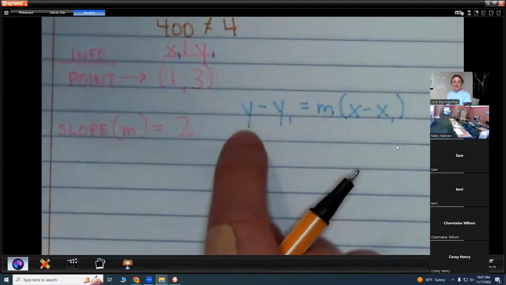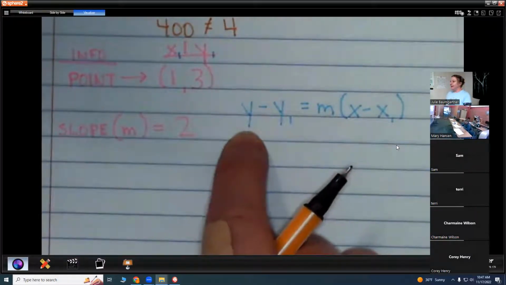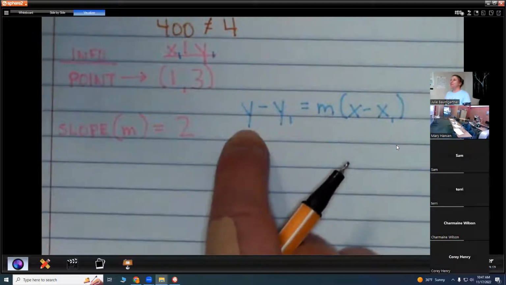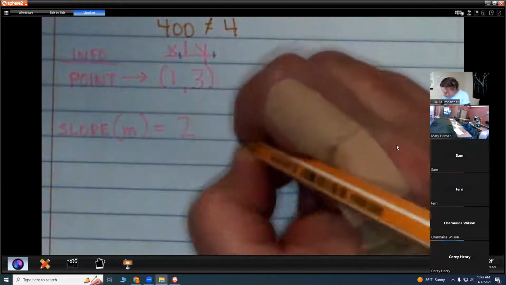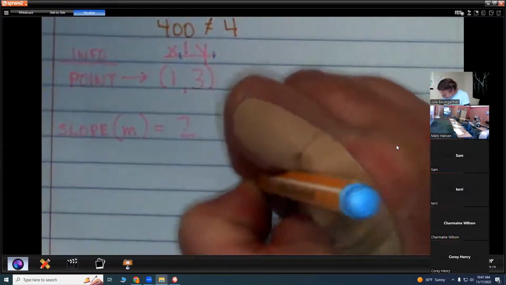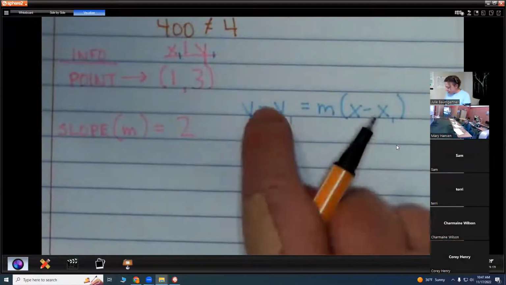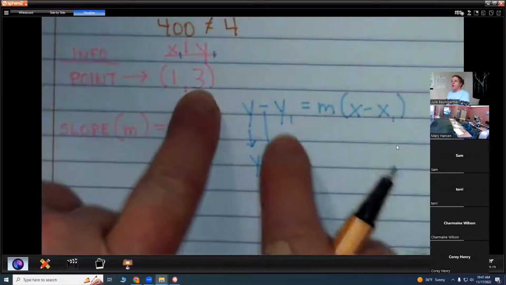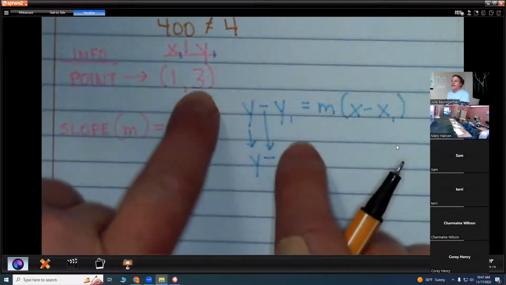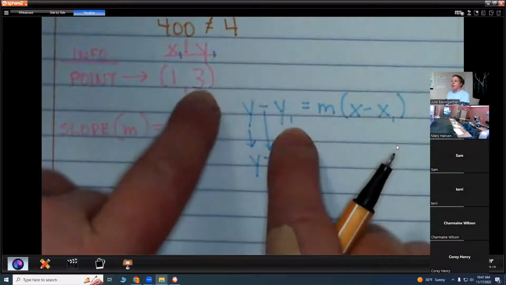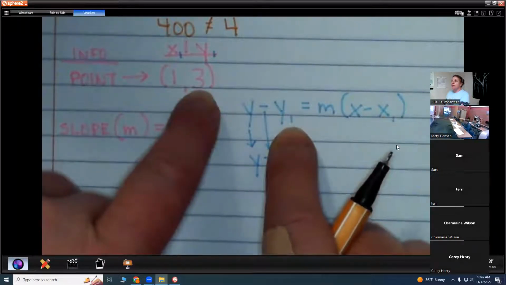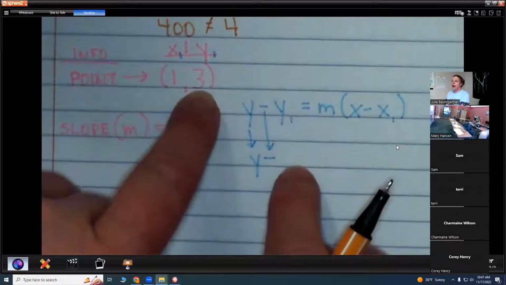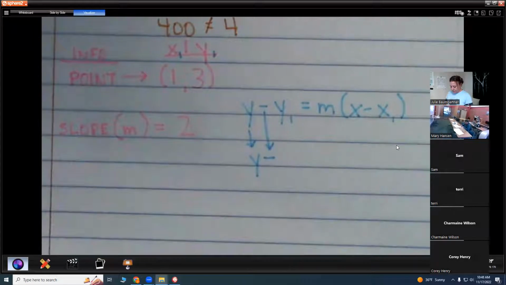And just like I was horribly trying to explain, when you see a linear equation in point slope form like this, the y is going to stay a y. Then I bring my minus sign down. But then I go to my points, and the y value, or the second value in my ordered pair, my coordinate points, okay? That number I substitute for my y1, okay?